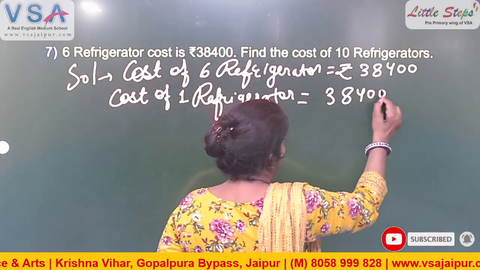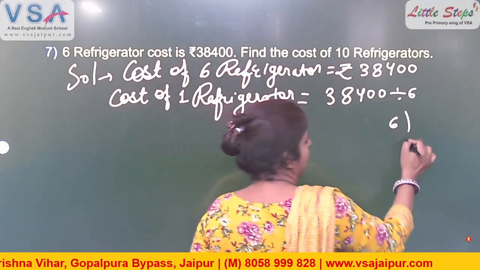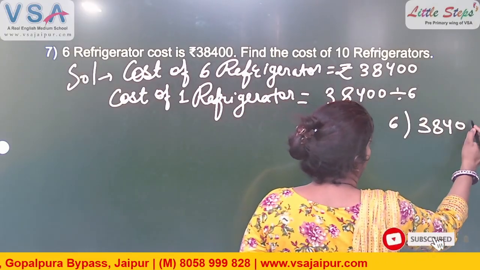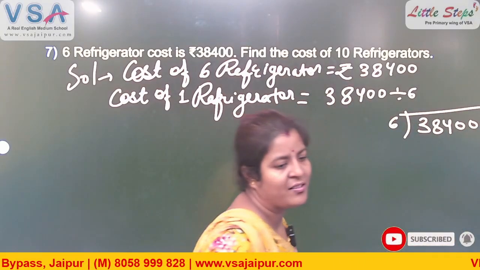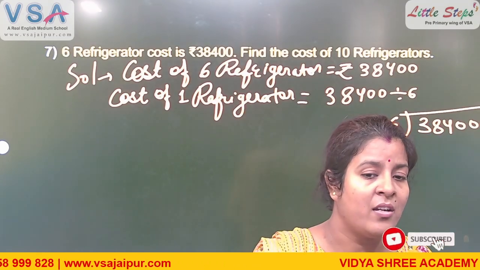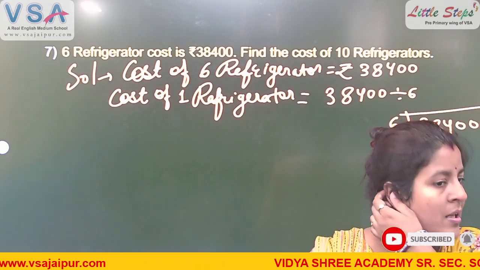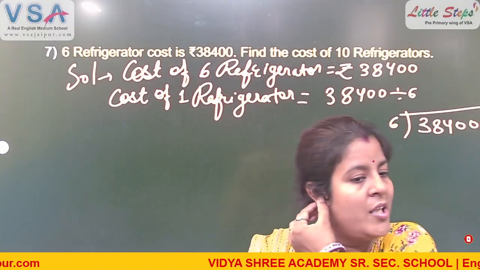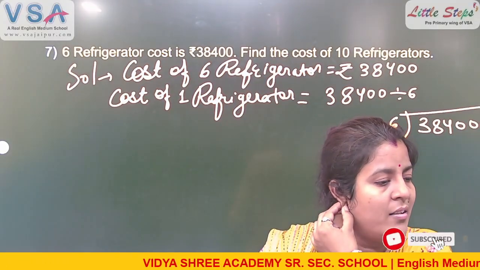So divide 38,400 by 6. We can write a table of 6. 6 ones are 6, 6 twos are 12, 6 threes are 18, 6 fours are 24, 6 fives are 30, 6 sixes are 36.